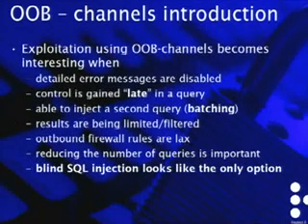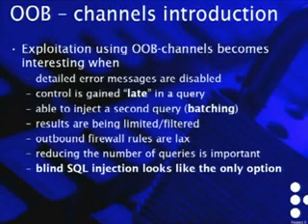So when is exploiting using out-of-band channels interesting? Well, when you don't have any detailed error messages which you can rely on to extract data, it could be useful. When you gain access to, or when you're able to control a SQL query very late in the query, like in the order by clause, which I will show also later on.